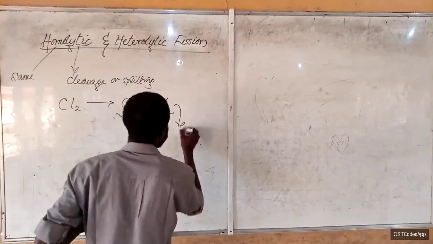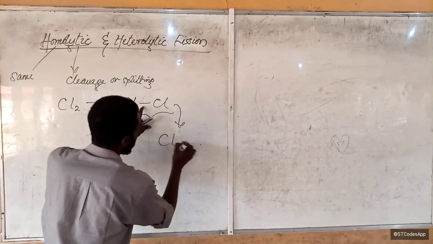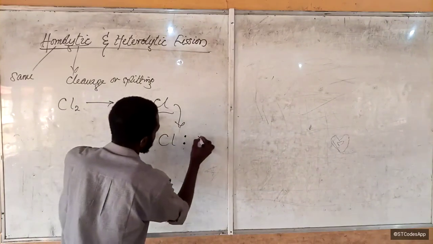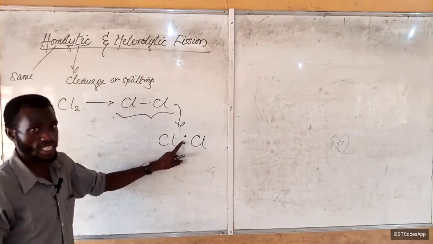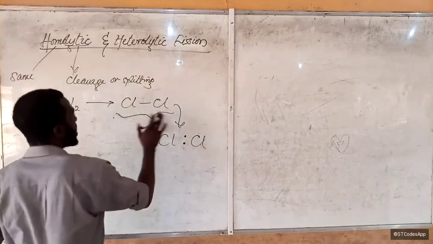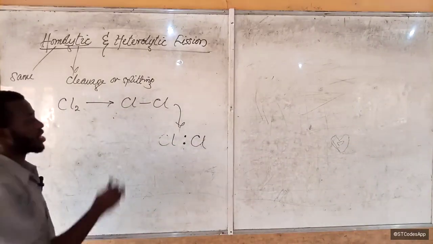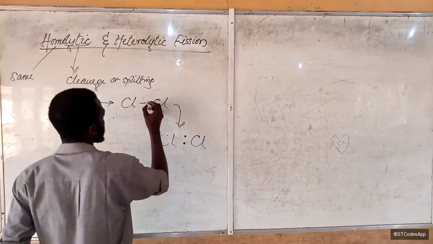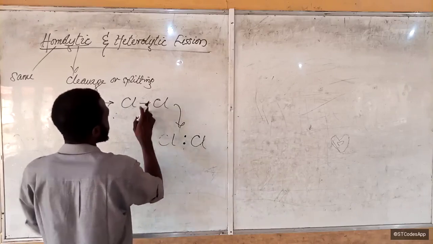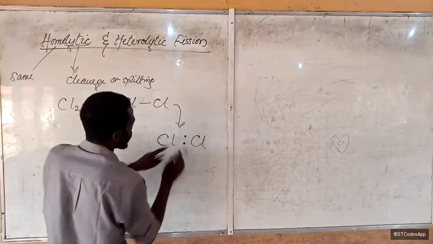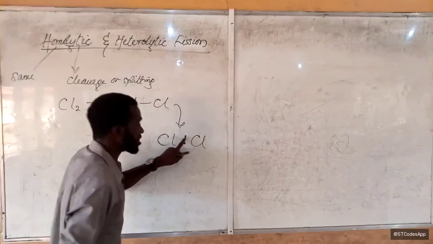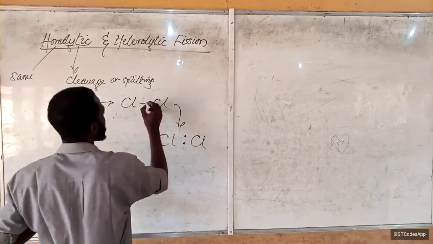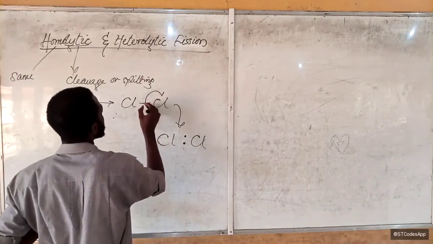And what this means is that these two atoms have two electrons that are joining them together. So when this bond breaks apart, one of the electrons is going to go to this chlorine and the second electron will go to this chlorine, so that there is equal sharing of the electrons.